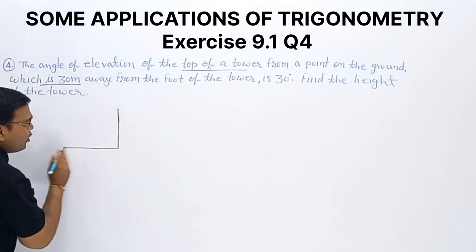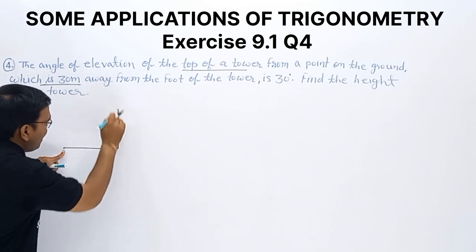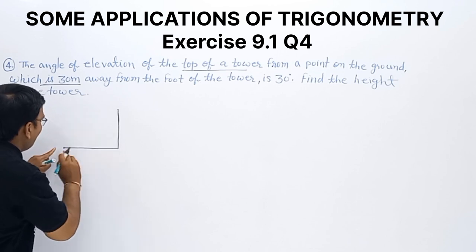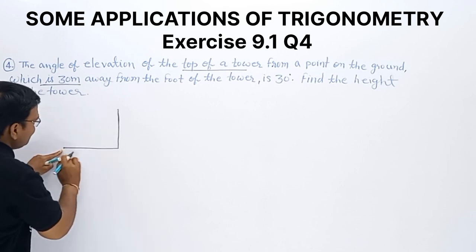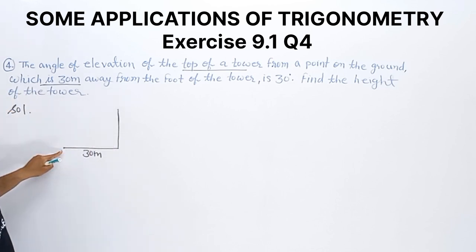We are having one point on the ground, and that point is 30 meter away from the foot of this tower. This tower having foot this one. So this point is 30 meter away from this foot, this base.